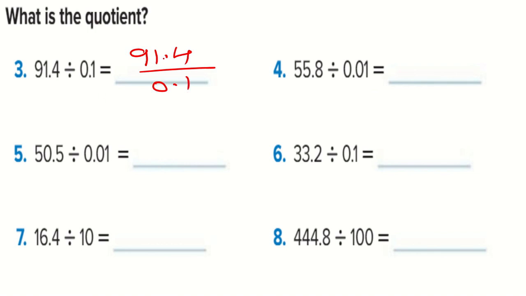How many numbers are there after the decimal point in the numerator? Just one. And in the denominator also just one decimal place. If the number of decimal places is the same, we can cancel the decimal point. So you get 914 in the numerator and 1 in the denominator, and you know that if any number is divided by 1, there is no change in the answer. So it will be 914.